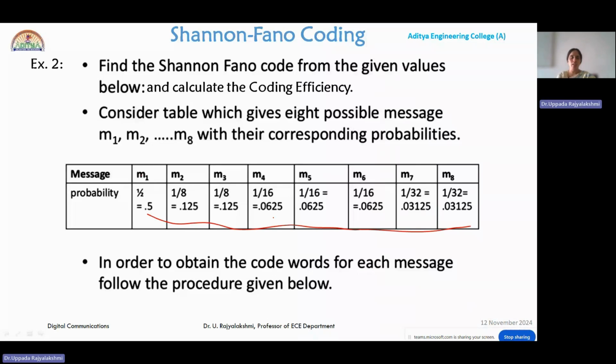Then we will calculate the code word, then individual length, then average length, followed by entropy, and finally we will evaluate the efficiency for the particular application using the Shannon Fano coding procedure.